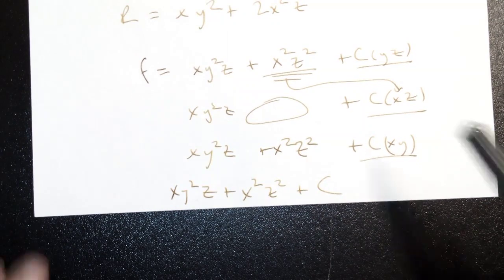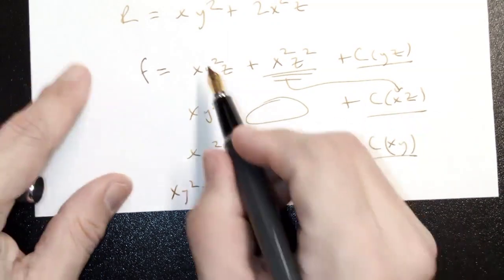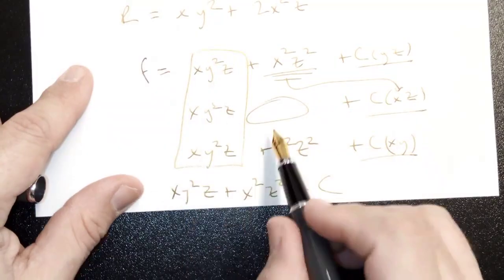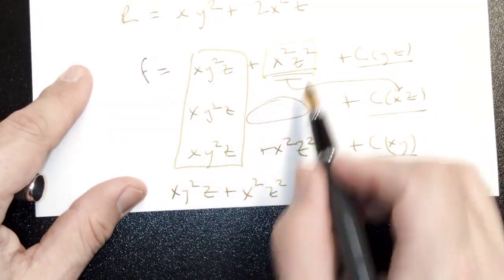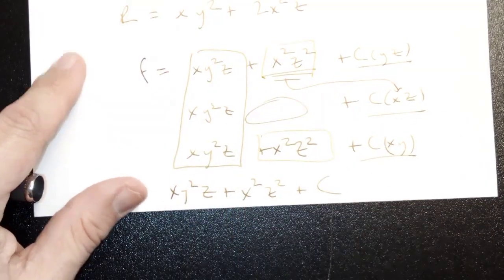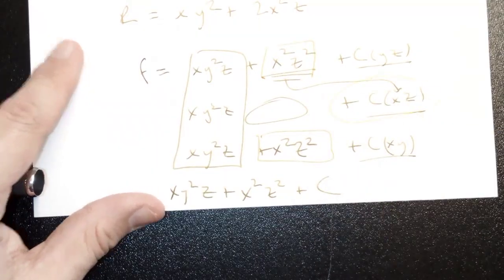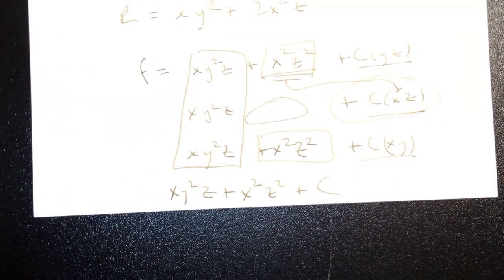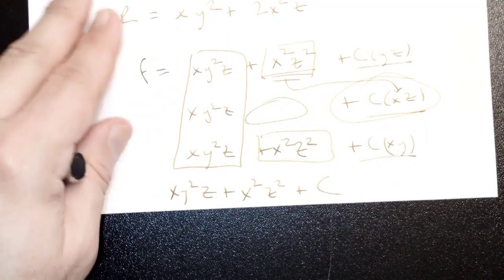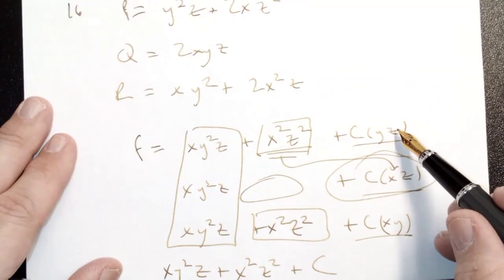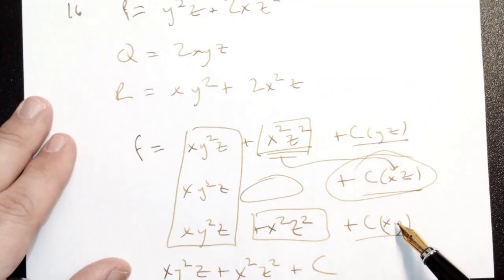What was hiding? So I see this in all three, right? I see this in the first one. I see it in the third one. Where is it in the middle one? It's in here. So it's in there, but it's hiding in that plus C, isn't it? And then I say to myself, well, does anything need to hide here? Nope. Does anything need to hide here?